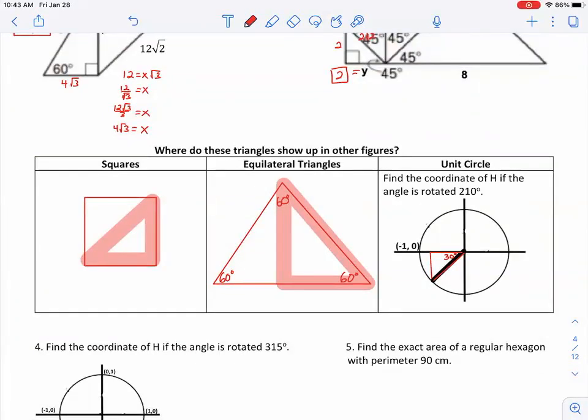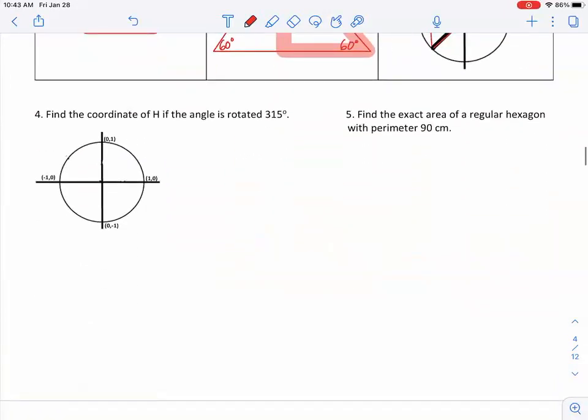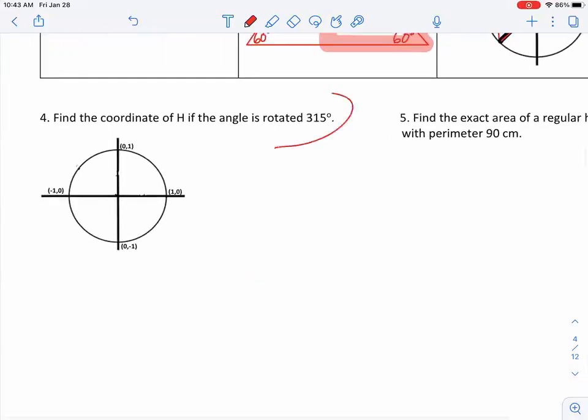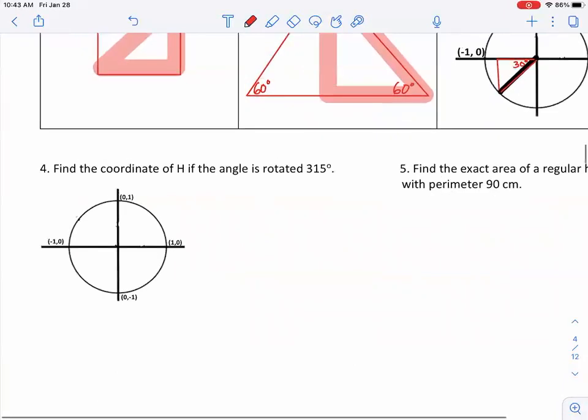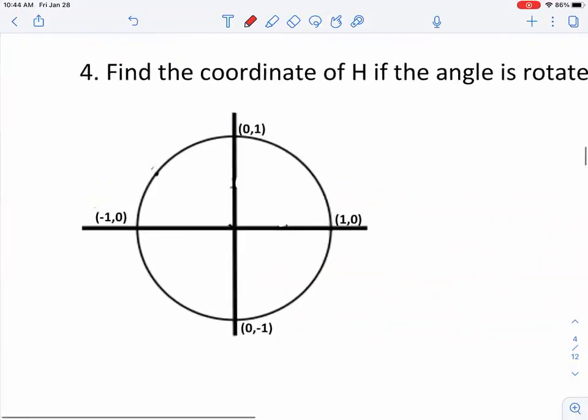Okay, but just to give you a little preview, like problem number 4, if we wanted to find the coordinates of an angle rotated 315 degrees. Well, first let's figure out where 315 degrees would be. Now I know that a full circle is 360. Do you remember your quadrants?